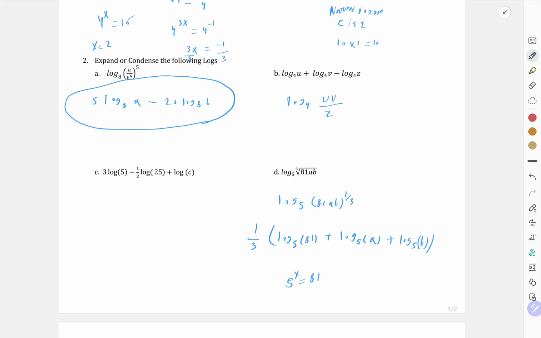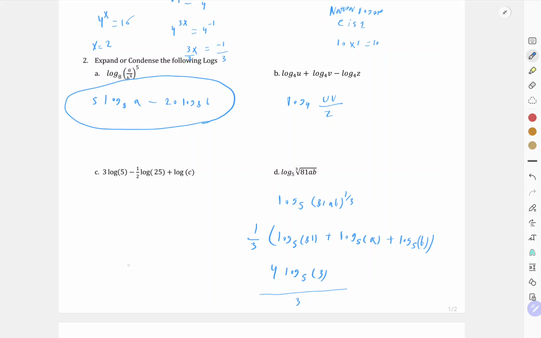That does not work, does it? Wait up. Oh, wait. Okay. 4 log 5 3 over 3.